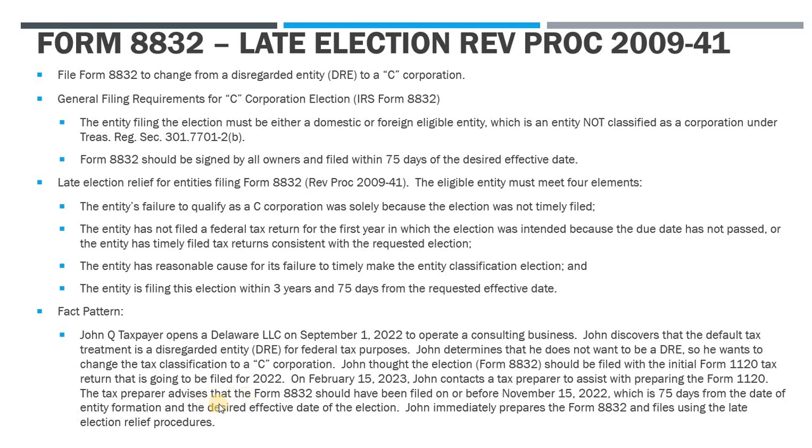And it's at that point that the tax preparer tells him, well, the 8832, it should have been filed already. So it should have been filed on or before November 15th, 2022. So that's 75 days after September 1st. That's when he should have been filing this form, but he's missed it, right? So he's missed it by a couple of months. So John prepares the 8832, and he's going to file under the late election relief procedures.